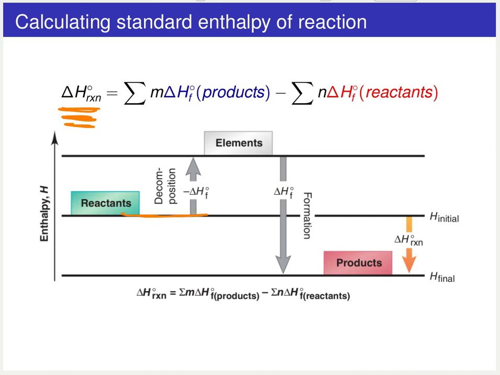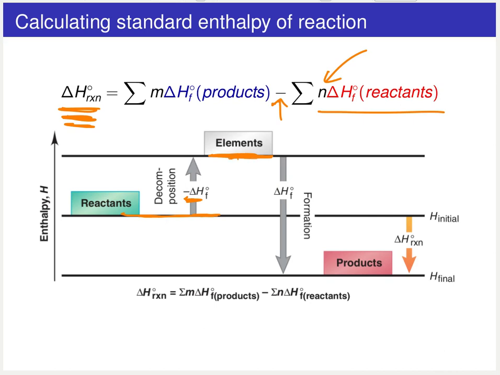reactants, right, decomposing those reactants into the individual elements in their most stable form, and we can figure out the enthalpy change associated with that process by taking the negative of the delta H of formation, so negative delta H of formation for those reactants, and don't forget those stoichiometric coefficients, to represent the number of moles of each one of those reactants.